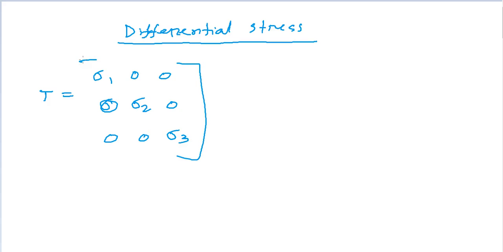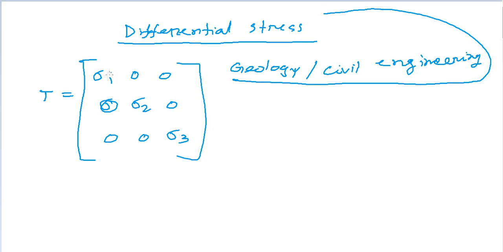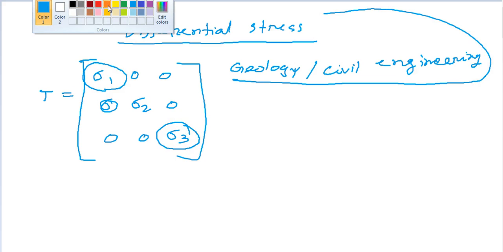In geology and civil engineering perspective, sigma 1 is termed as the greatest compressive stress, and sigma 3 is termed as the weakest compressive stress.